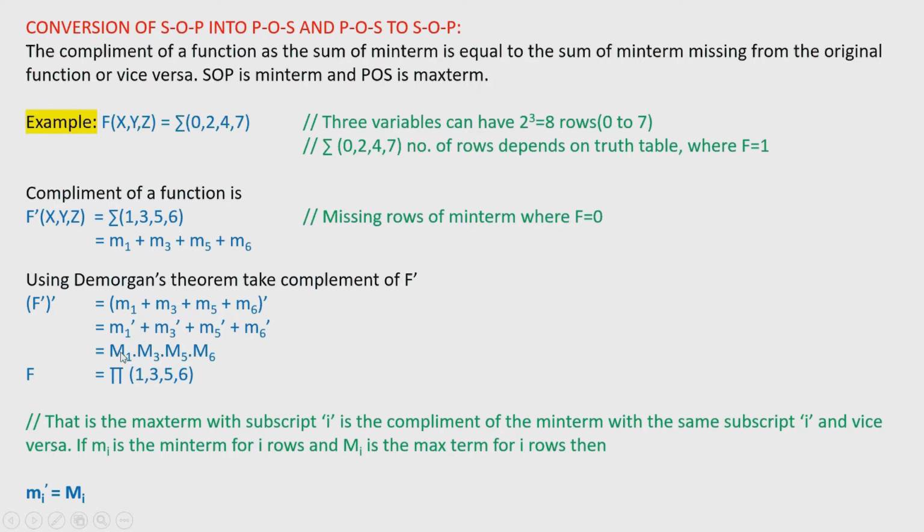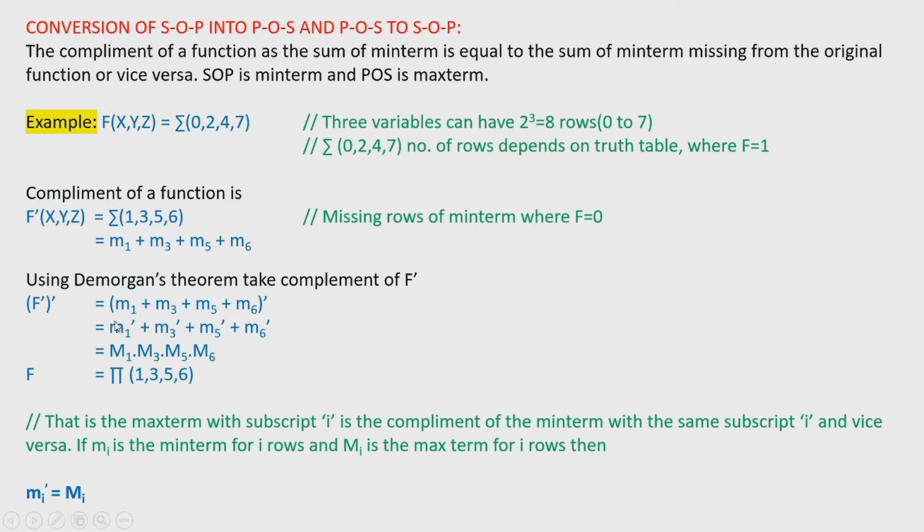So finally what we get is we convert the sigma to pi. Since this is represented as maxterm, capital M, here we obtain it using De Morgan's duality principle.